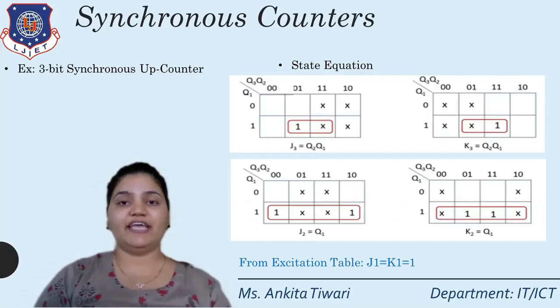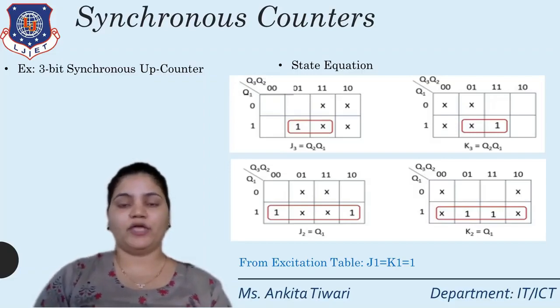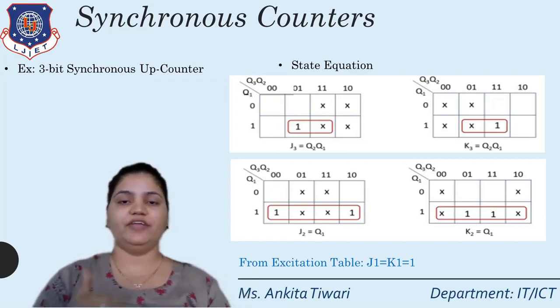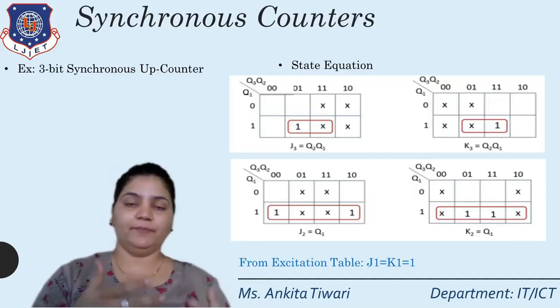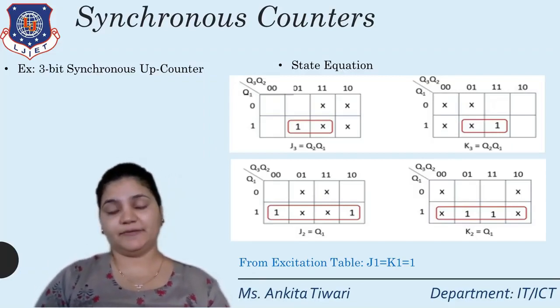Here J1, K1 is the first bit, taken as 1 because all the values are 1 in the JK flip-flop. Next, for the Q2 part, J2 and K2, we get the equation as Q1 and Q1. For J3 and K3, it is Q2·Q1 and Q2·Q1. As we can see, we are getting the same entries.